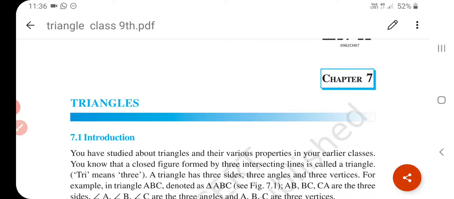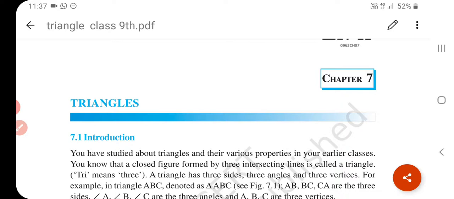What do you mean by a right angle triangle? In a right angle triangle, exactly one angle measures 90 degrees.